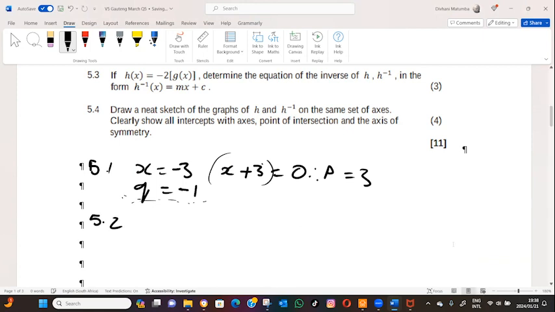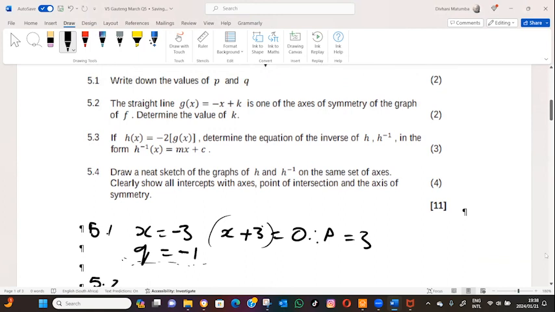5.2, it says a straight line g of x equals minus x plus k is one of the axes of symmetry on the graph of f. Determine the value of k.